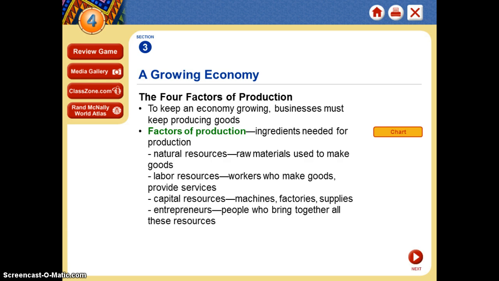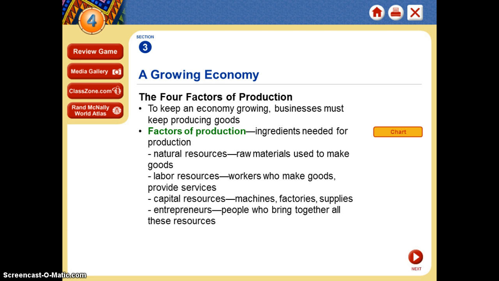Capital resources, that is capital goods. Big ticket items such as machines, factories, bulk supplies, things of that nature used to produce products. Labor resources, that's workers who actually work on the assembly line or are actually providing the services out in the field.